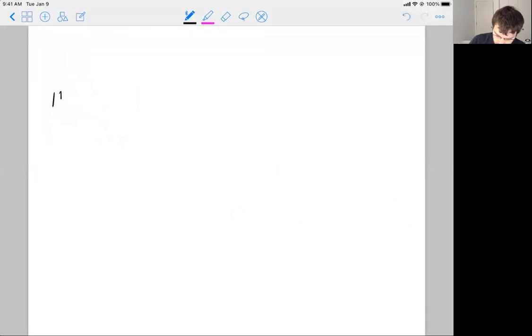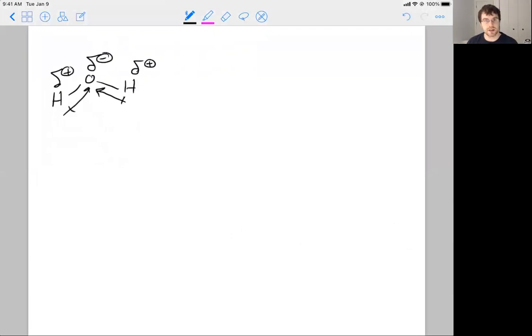Well, water has the opportunity to form two dipole-dipole interactions. It has a delta plus on a hydrogen, a delta minus on an oxygen, and another delta plus on the opposite hydrogen. We have dipole arrows moving into the oxygen atom from two sides now. So we have the opportunity for two dipole-dipole interactions.